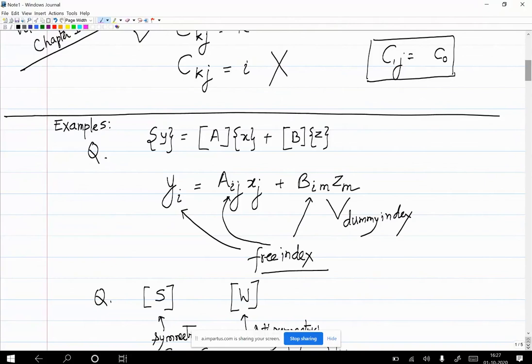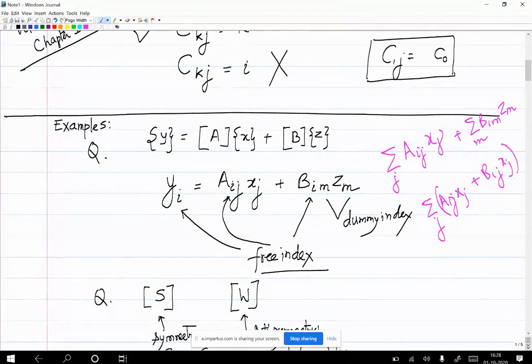Well, both are the same. What you are saying is if I explicitly use the summation symbol, a_ij x_j plus b_im z_m, then whether you do this or you say summation over j a_ij x_j plus b_ij z_j, they are both the same thing.